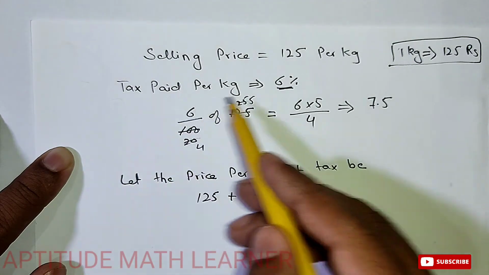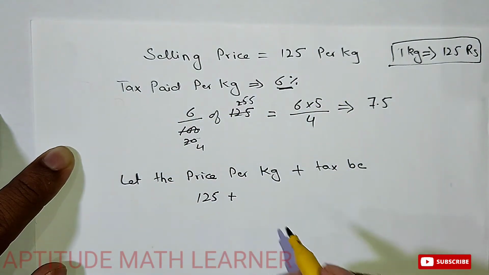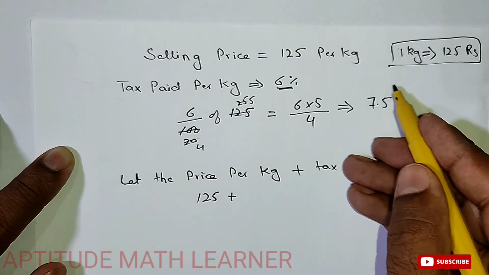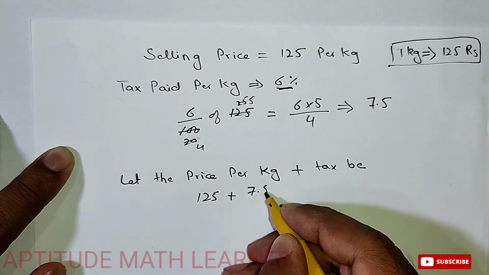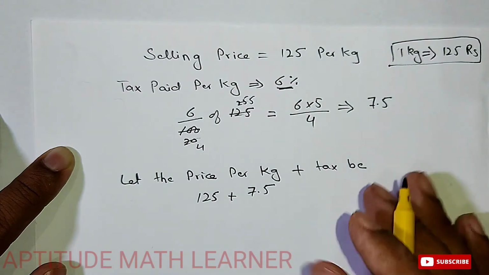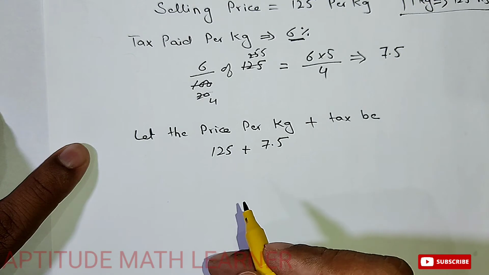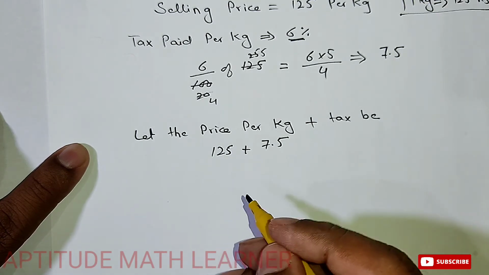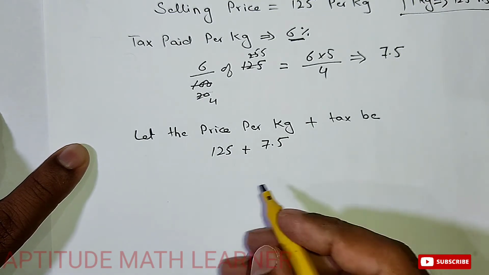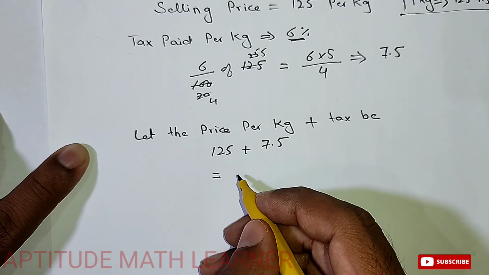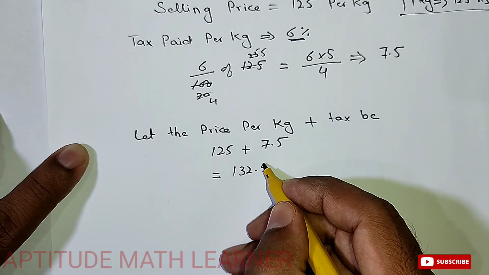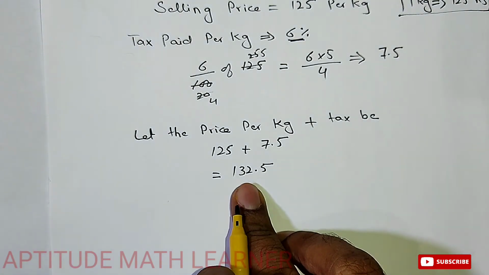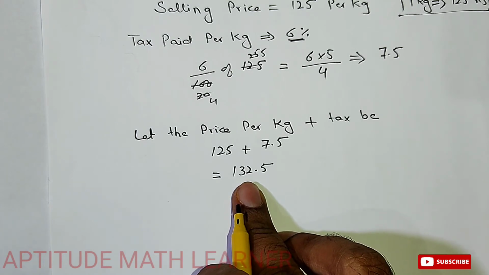So we also pay 6% of 125, and how much was that? 6% of 125 is 7.5. I hope till here you have got it. So the total money which he has to pay for 1 kg is 132.5. So this is the amount which he has to pay per kg after paying the tax.